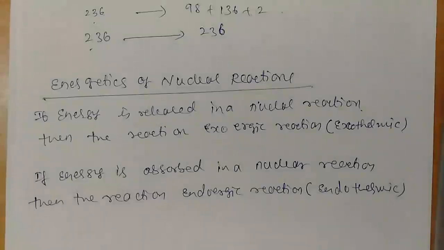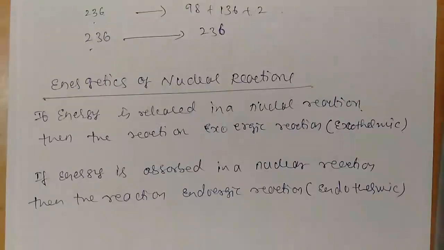So these are the two different types of nuclear reaction based on the energy absorbed or released. Definitely in any reaction, either energy will be released or energy will be absorbed. So based on the energy, there are two types: exoergic and endoergic. If the energy is released, it is called exoergic or exothermic. If the energy is absorbed, it is called an endoergic reaction, or endothermic.